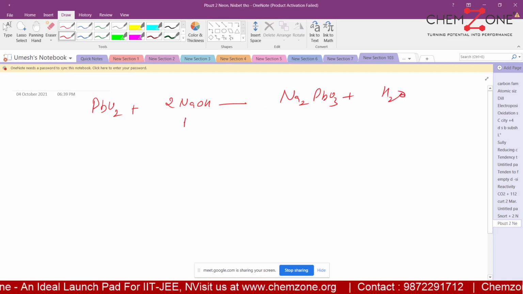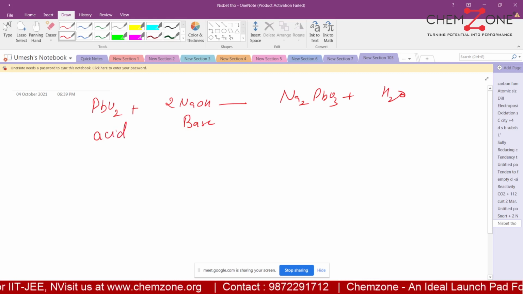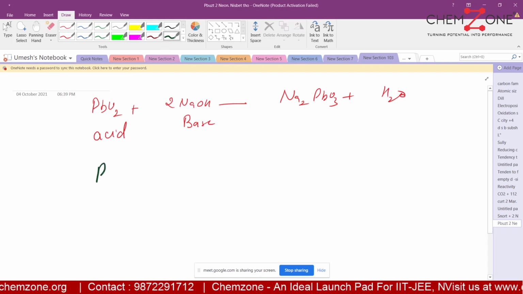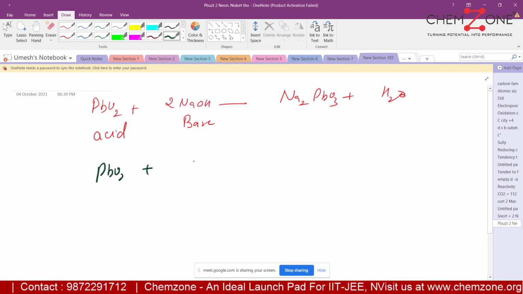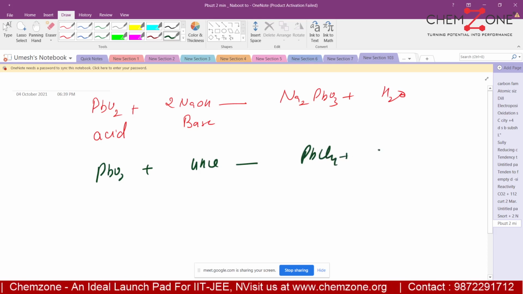It's a base, so it is an acid. Similarly, PbO2 with HCl forms PbCl4 plus water.